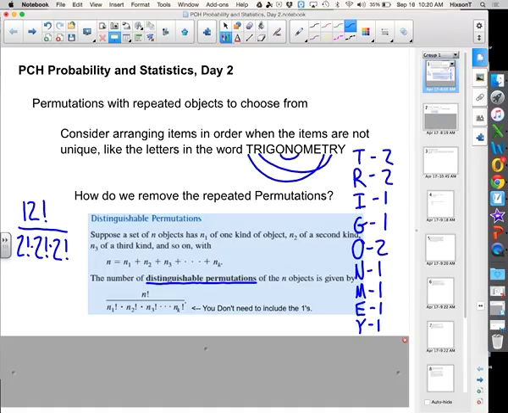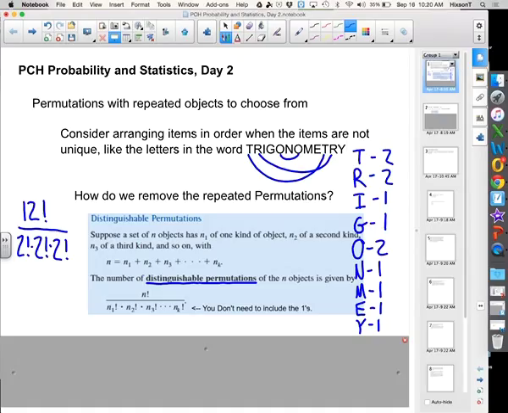Does that make sense? What goes in the numerator? The numerator is n factorial. There are 12 letters here: 1, 2, 3, 4, 5, 6, 7, 8, 9, 10, 11, 12. So you put 12 factorial in the numerator, because we're arranging all the letters. And here's the thing: if we were not arranging all the letters, that would be a very complex problem.